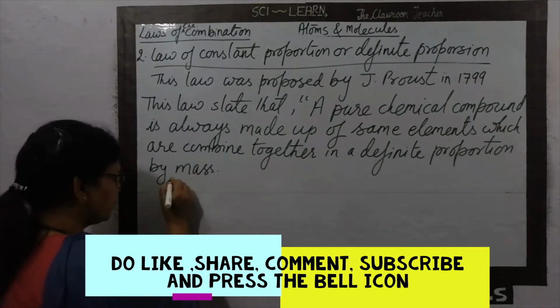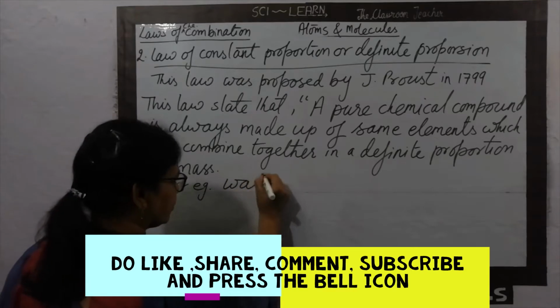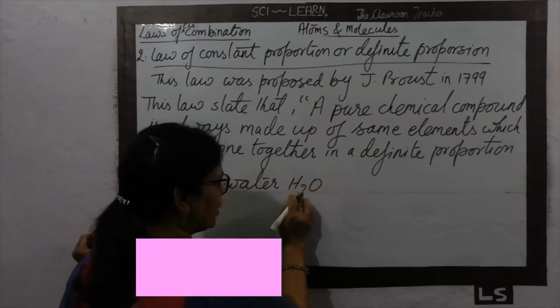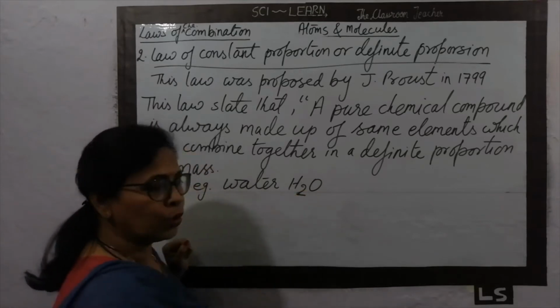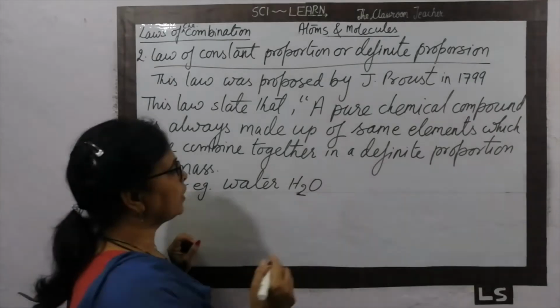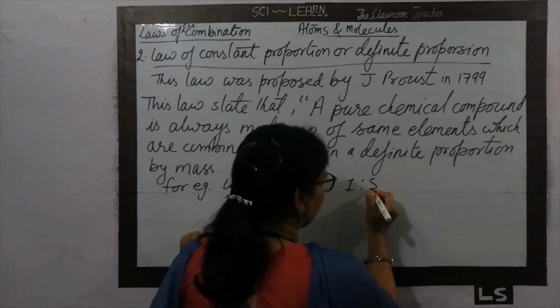For example, one example I already taught you, water, that is H2O. The formula is fixed. What is the ratio of hydrogen and oxygen by mass? The ratio of hydrogen and oxygen is 1:8.